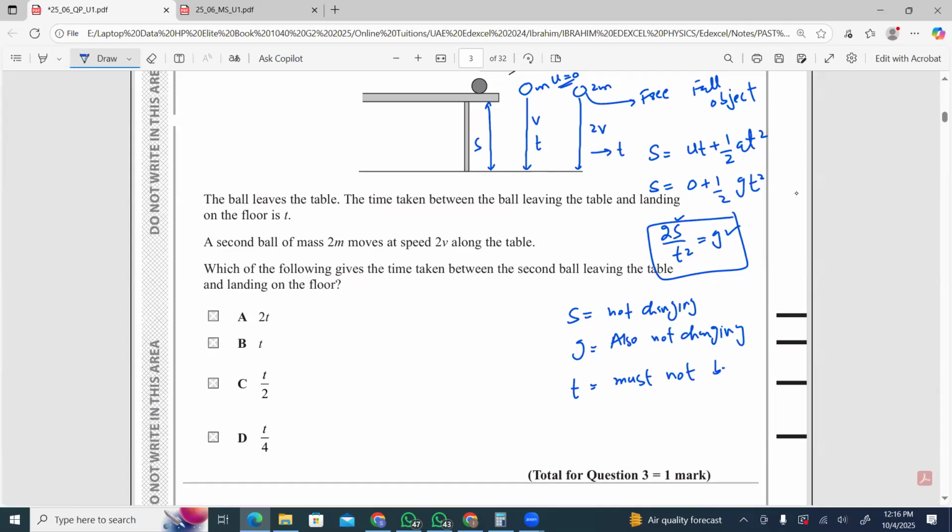Therefore you will just write that t is the same as for mass m. Previously it was the mass m which was coming down in the time t. So the body with mass 2m will take the same time to reach the ground with the same gravitational acceleration. Therefore, the option is B.